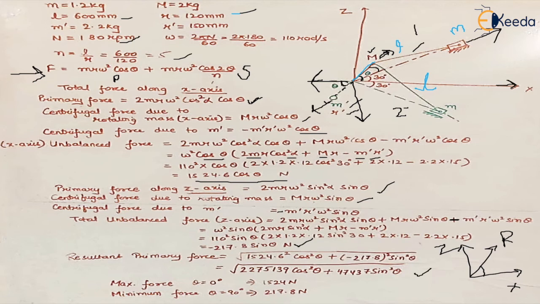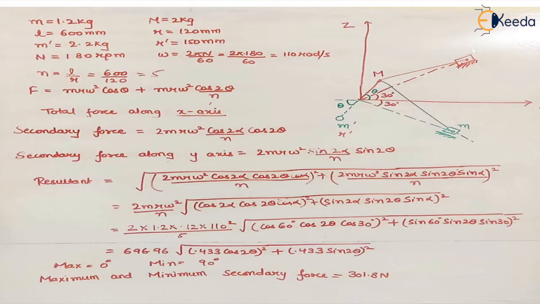So the maximum force is produced when theta is 0 degree. So when we place cos 0, it is 1, and sine 0 is 0. So we get the maximum force, and when theta is 90 degrees, we get the minimum force, which is 217.8 Newton.